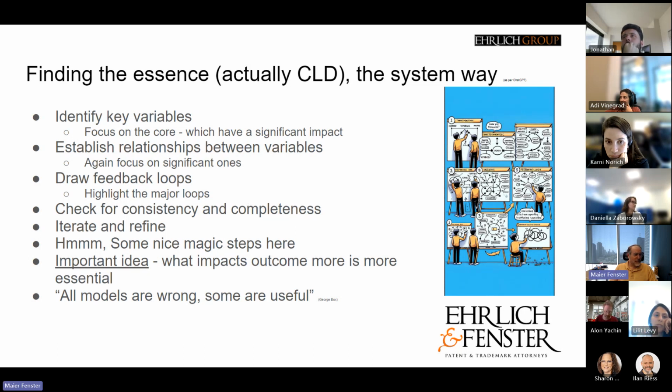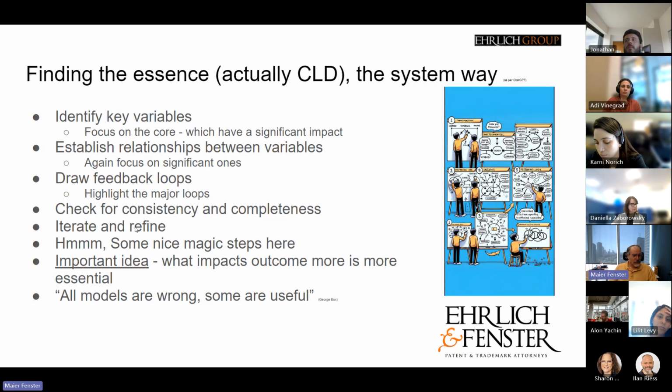And here's a recommended method. First, you identify key variables, and particularly you focus on the core, in other words, those variables which have a significant impact. You establish relationships between the variables, and again, you focus on the significant relationships. You draw the feedback loops, and again, it's recommended to highlight the major loops. Then you check it and you fix it.